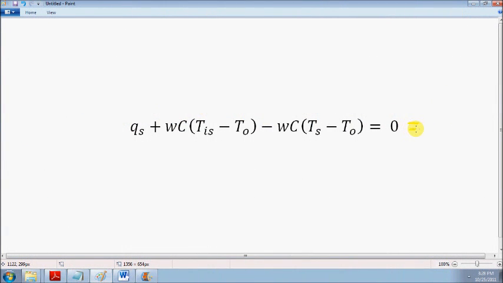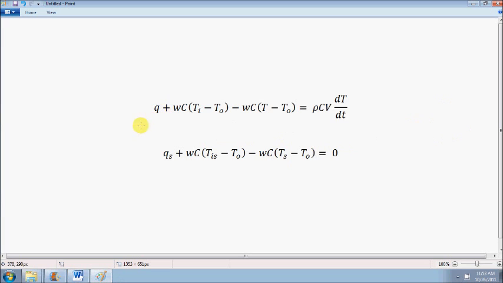At steady state, dT/dt is equal to 0. The equation can then be written as Qs plus wC(Tis minus To) minus wC(Ts minus To) equal to 0, where the subscript s has been used to indicate steady state.